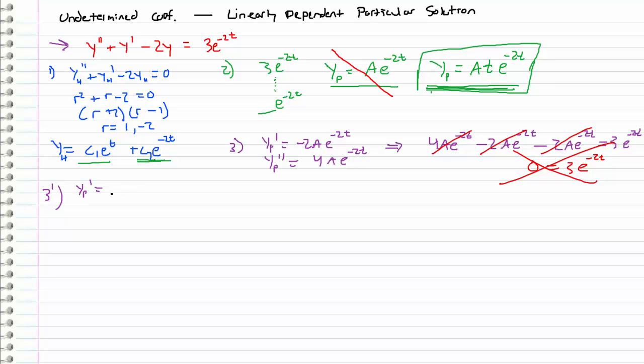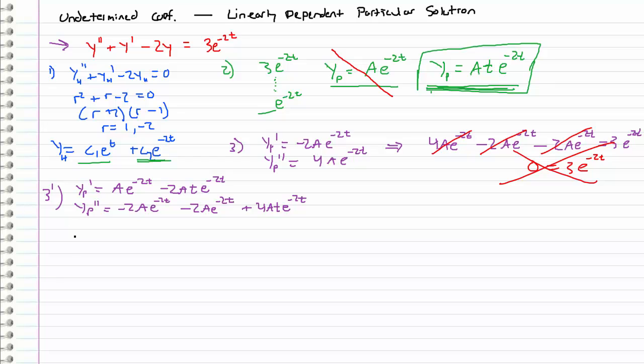So yp prime would come out to be a e to the negative 2t minus 2at e to the negative 2t. And then our yp double prime would come out to be negative 2a e to the negative 2t minus 2a e to the negative 2t plus 4at e to the negative 2t. So now we can plug this back into our differential equation.